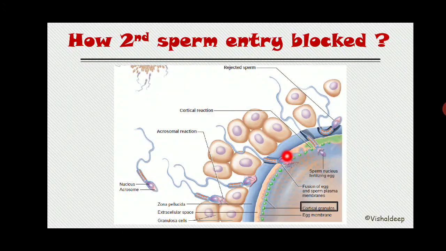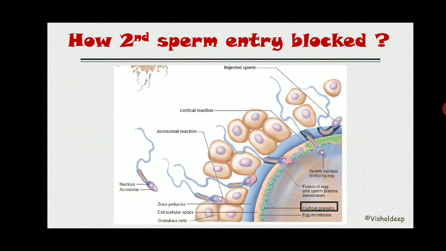That enzyme will ultimately denature or alter the chemistry of ZP3 protein that is present over the zona pellucida. So there is no more ZP3 available for the other sperm that want to enter inside the oocyte. So no more ZP3 receptor, so no more sperm get attached to the zona pellucida, and it nullifies the chances of the second sperm entry.